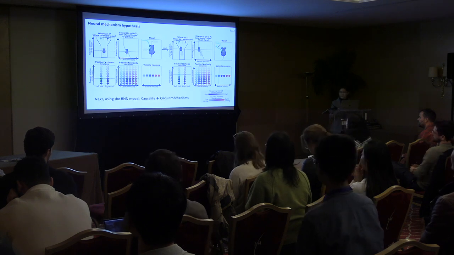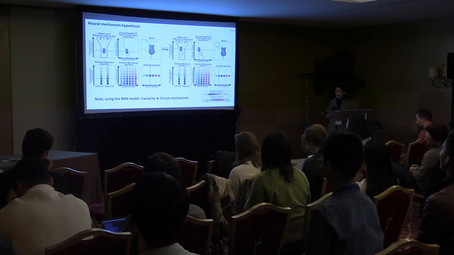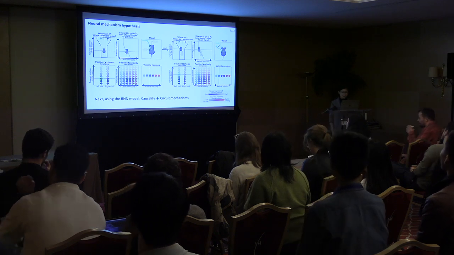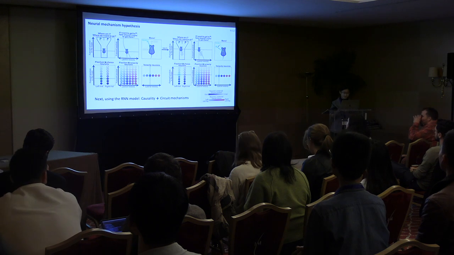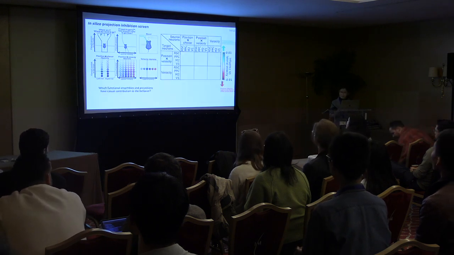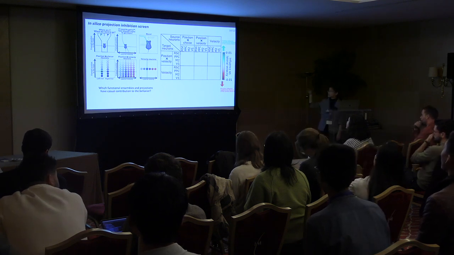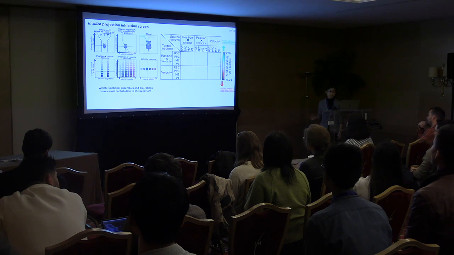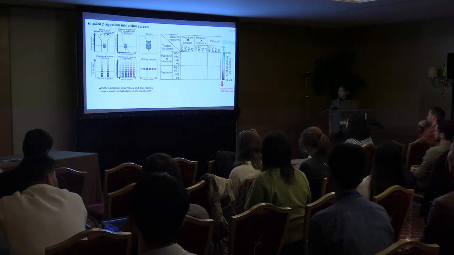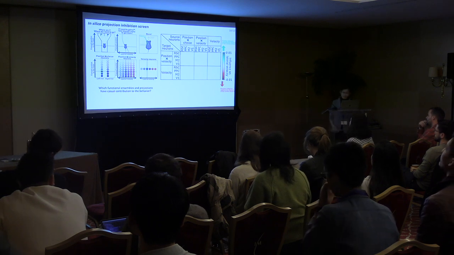Now we want to use the model to give us some insight on the causality: whether and how these cell classes contribute to the task and how they coordinate in the circuit. To do that, we start by doing this in silico projection inhibition screening. The idea is we want to inhibit the projection from certain source neurons to certain target neurons, and see by inhibiting which projection we get a very negative influence on the behavior, which will be marked by the red color.